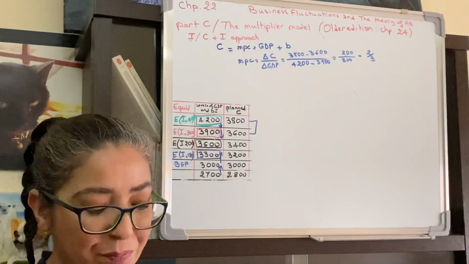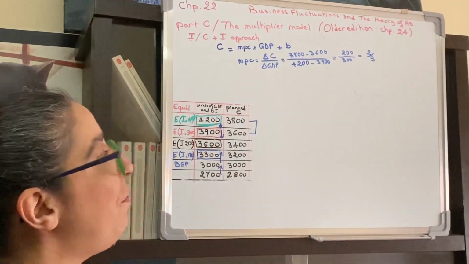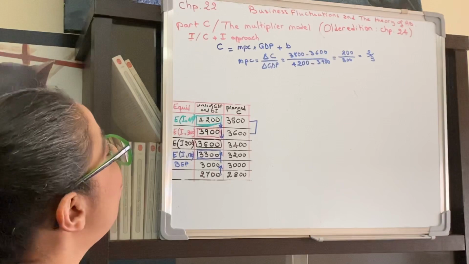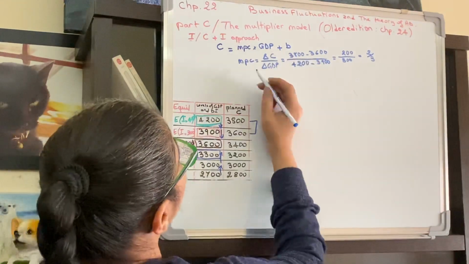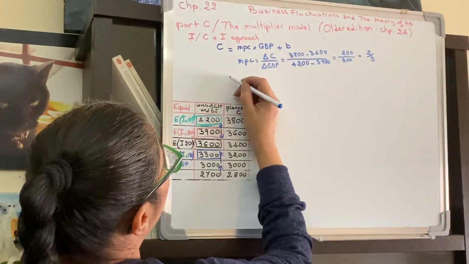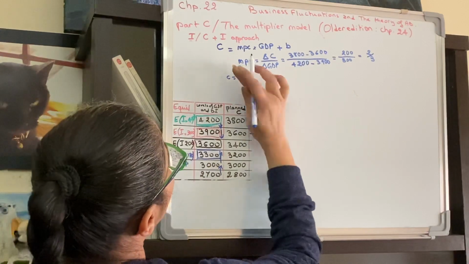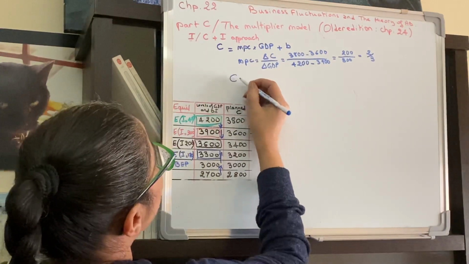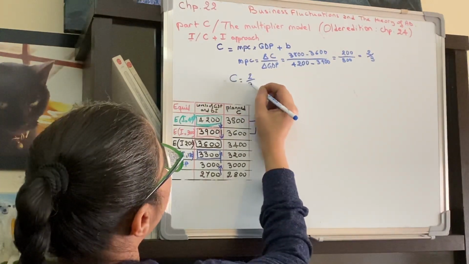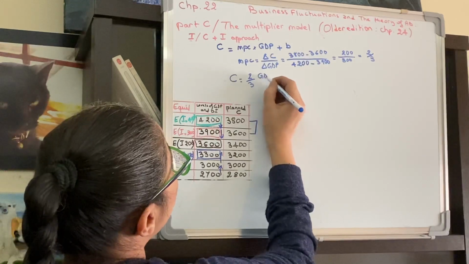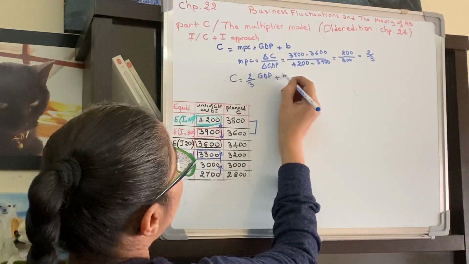You got that? Once I found this, I'm going to move to find my B. So C right now is equal to 2 over 3 GDP plus B.